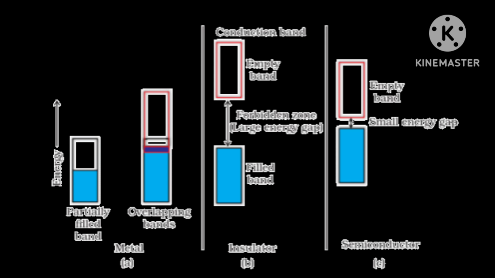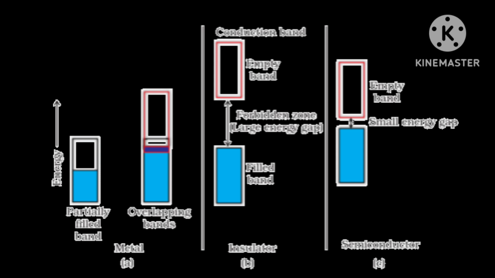Metallic conductors belong to the first category, that is the movement of electrons, and electrolytes to the second category, that is the ions.